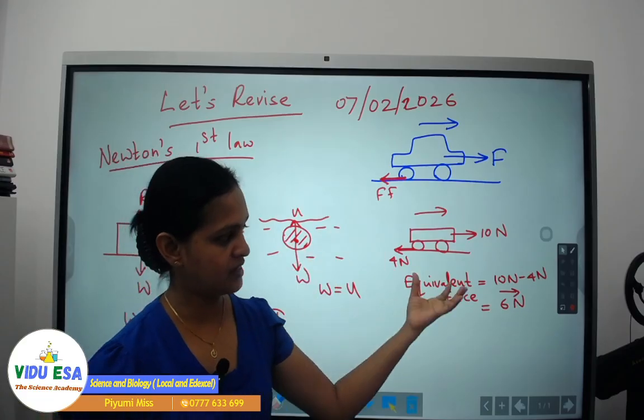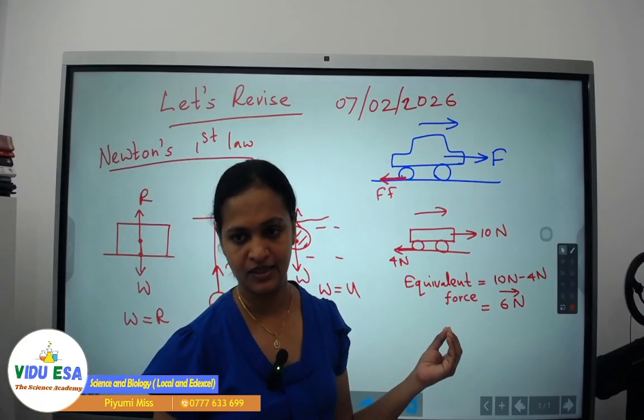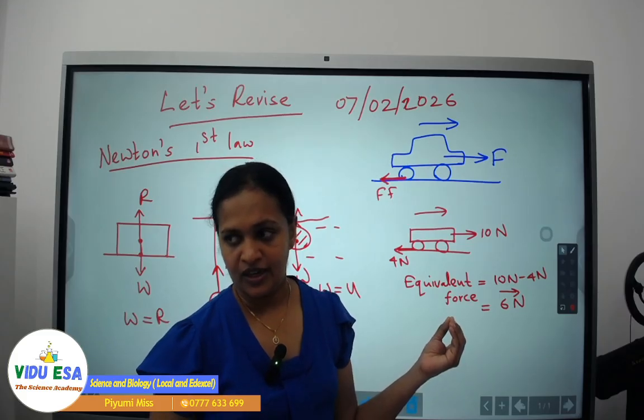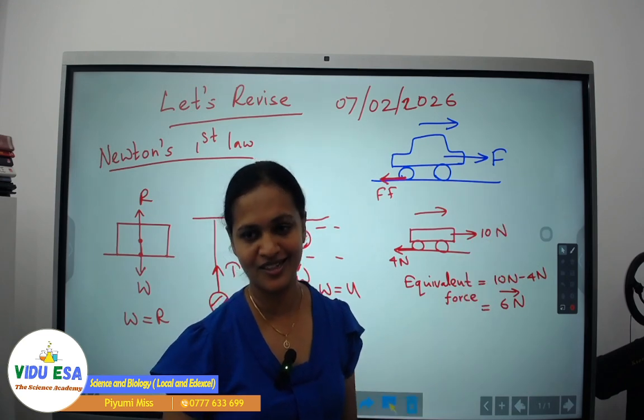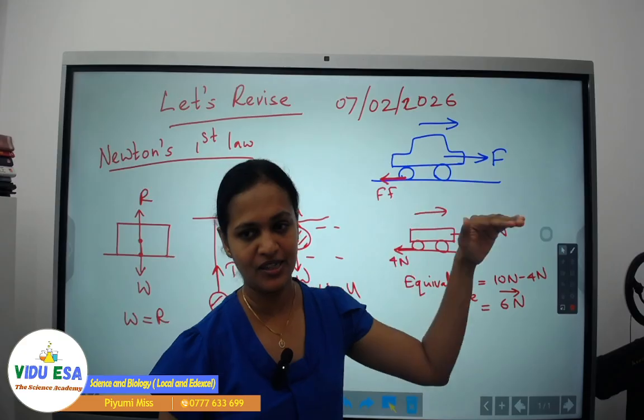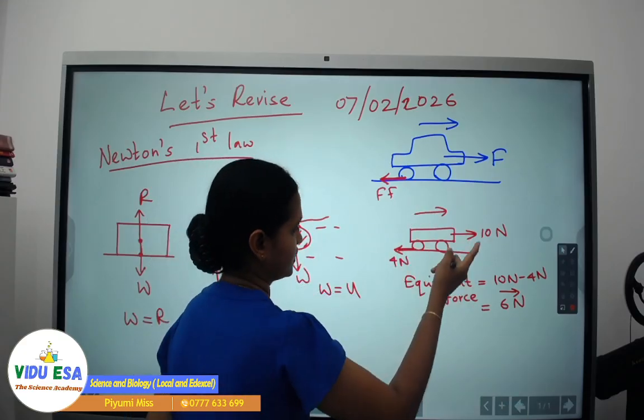If an unbalanced force is acting, what happens? The equivalent force has a value. So, if an unbalanced force is acting towards the direction of motion, it accelerates.